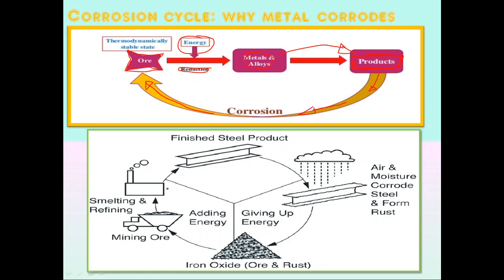Here also in this diagram you can see for iron, it's an iron oxide. Okay, iron oxide, hematite or magnetite, we are getting in the mines, then we are giving additional energy to the mining ore, then we are doing refining of that ore, smelting and refining, and further we are getting the finished product.